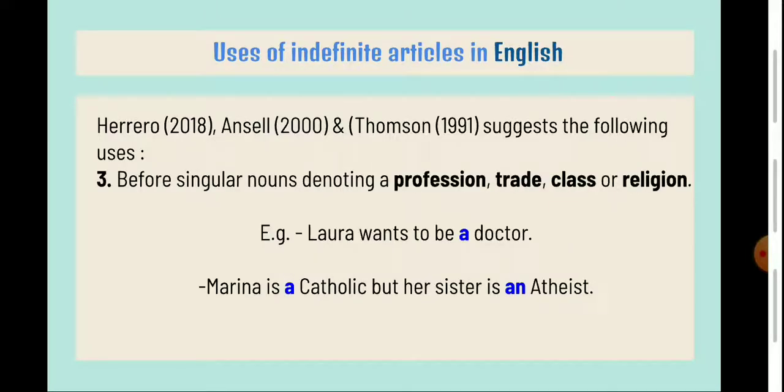Another usage is before singular nouns denoting a profession, trade, class, or religion. For example, Laura wants to be a doctor. Doctor is a profession. Marina is a Catholic, but her sister is an atheist. Here we're referring to religion.